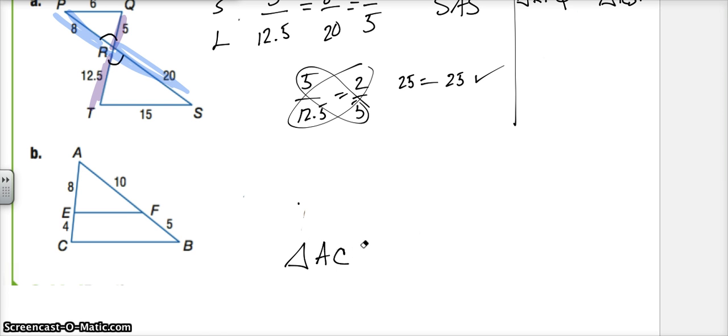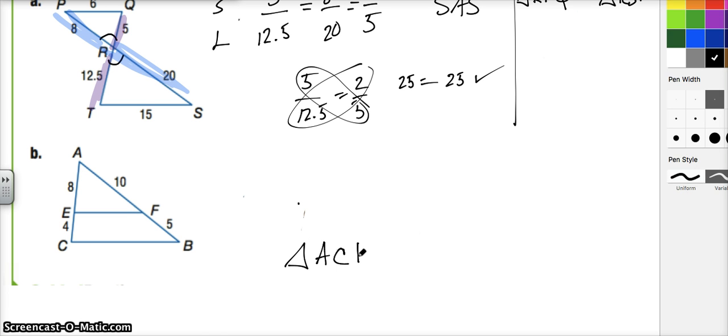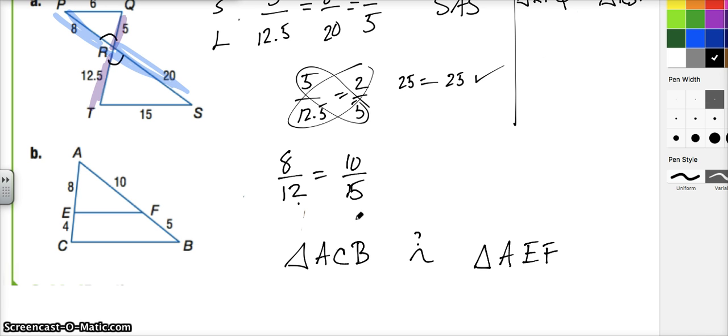Triangle ACB, and the other triangle I'm dealing with is triangle AEF. And I'm going to see if they are similar. So basically 8 to 12, and 10 to 15 is what I need to prove to be proportional.